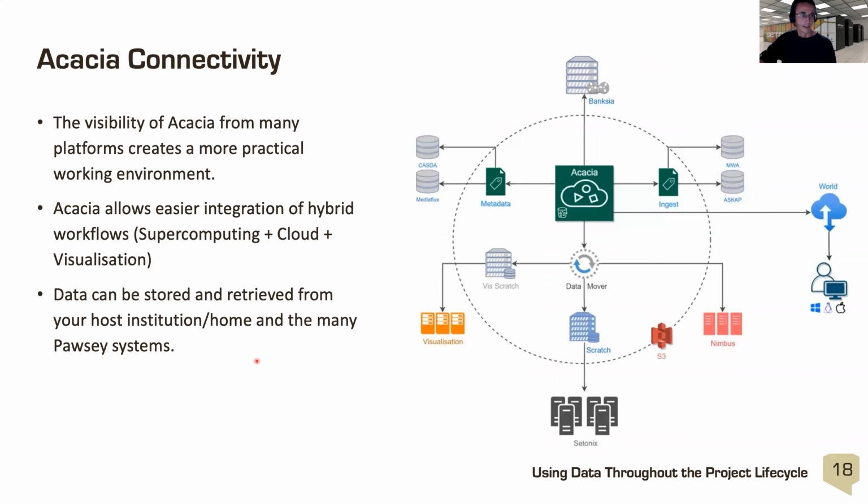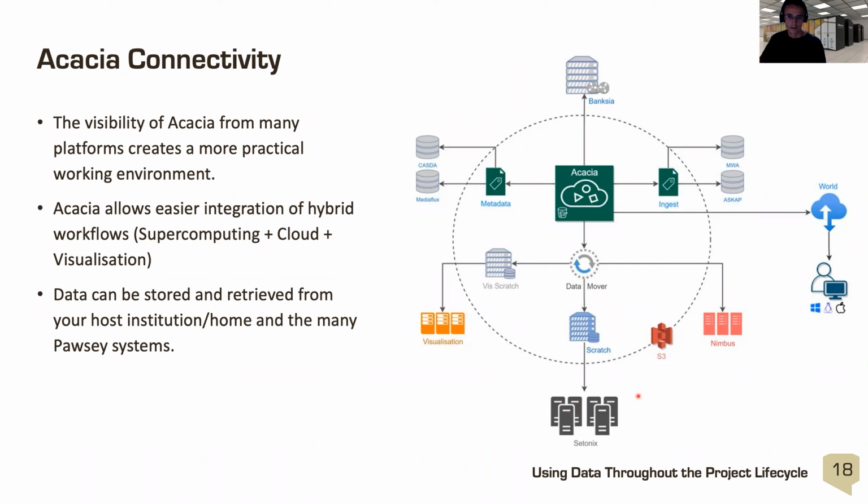So more about Acacia. One of the benefits of the new system is that Acacia is connected to all the systems at Pawsey. Acacia is visible from, for example, Nimbus, the cloud system, and from the visualization clusters from Setonix.